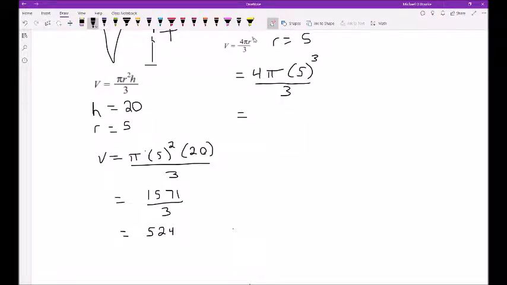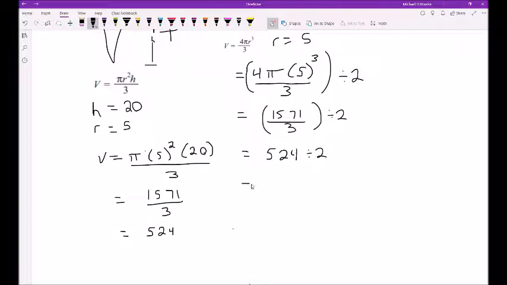Okay. Now remember, you only have half a sphere here, so we have to divide this by 2. So 4 times pi times 5 cubed, 1571 divided by 3. 524 divided by 2. 261.